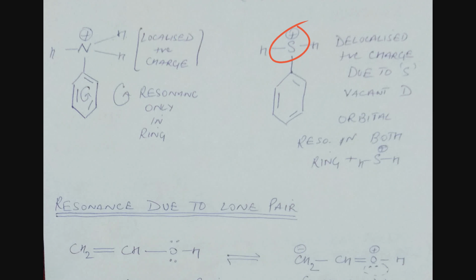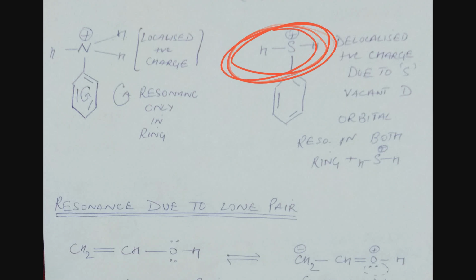It can be pentavalent, it can be hexavalent as well. Therefore if I shift this double bond there, then it will perform resonance. So here the resonance is only in the ring, but in this other case the resonance is in the ring as well as the SH2 plus.